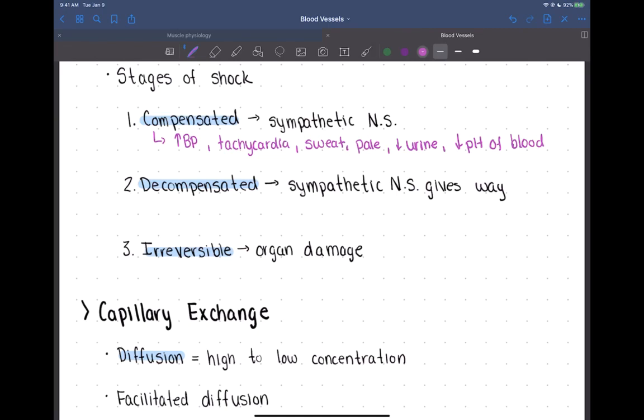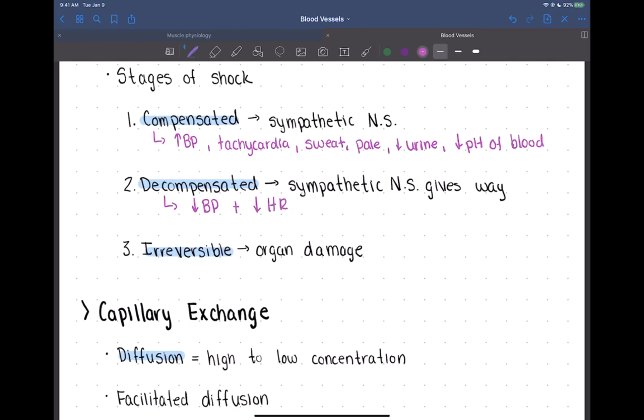Eventually, the sympathetic nervous system can't keep up with whatever the issue is. And so that sympathetic nervous system gives way. That's where the patient will decompensate, and you'll see you kind of lose all those effects from the sympathetic nervous system. You'll have a decrease in blood pressure and heart rate.